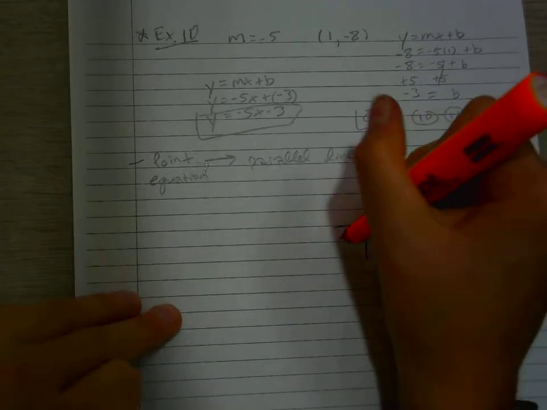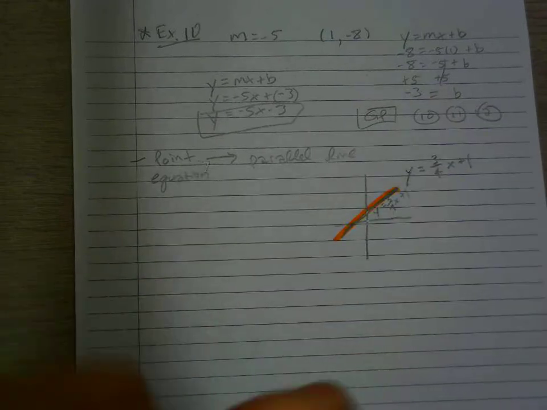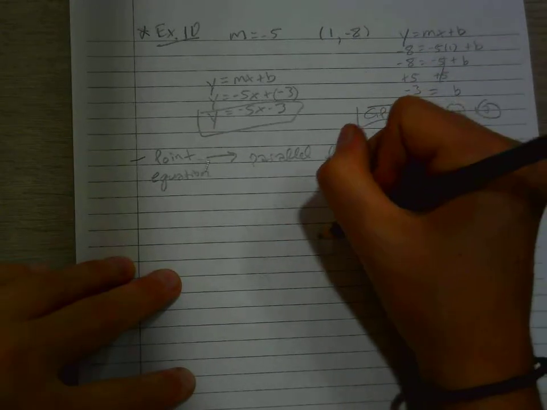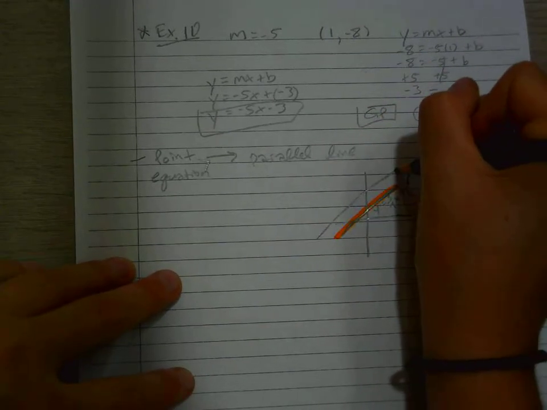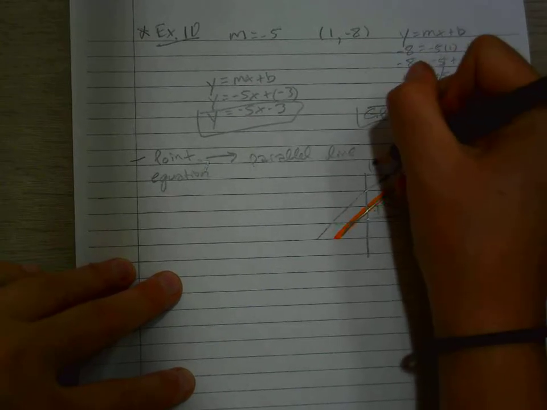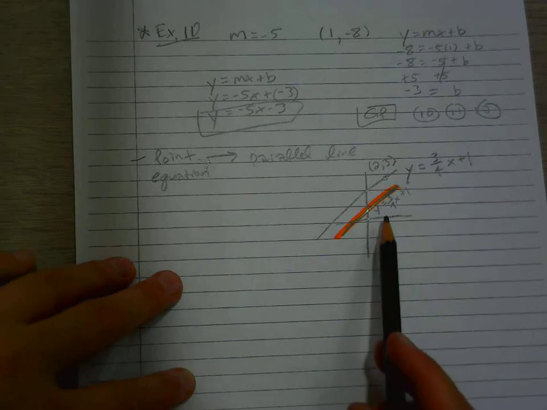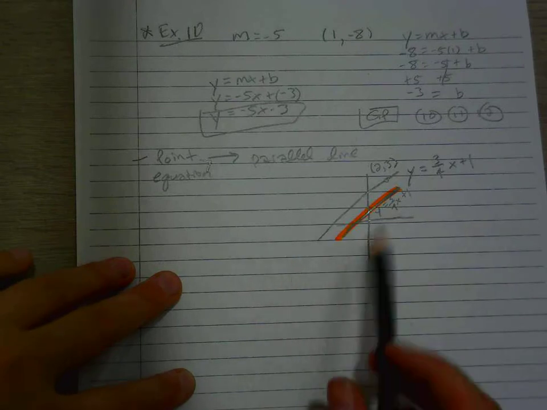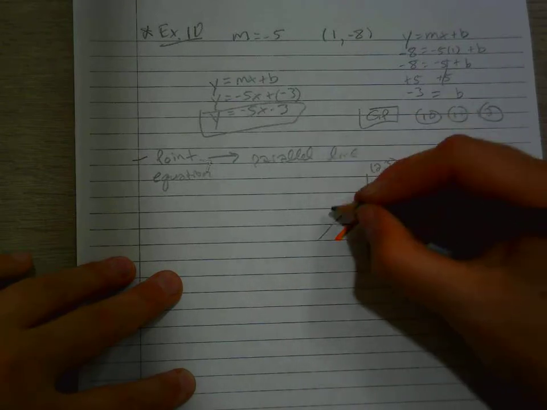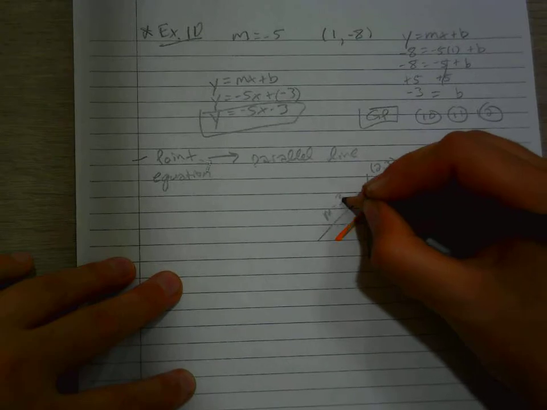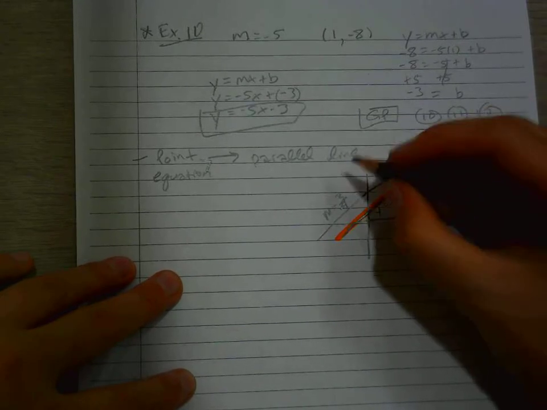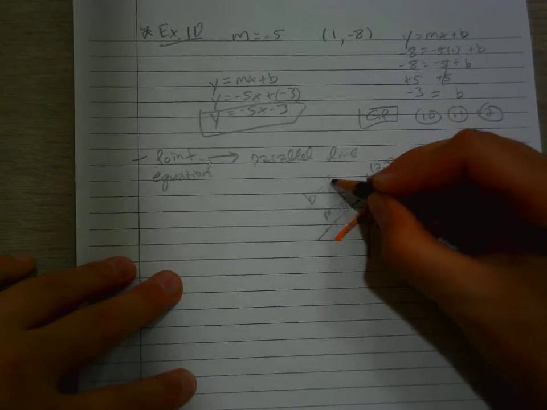Now we want you to find a line that's parallel to it that passes through the point (2, 3). So it's a little bit different than what we did before, but first we don't know b for the other equation. The equation we're trying to find for this line, we know that m is going to equal 3/4 because it's equal to this m, but b is what we don't know.